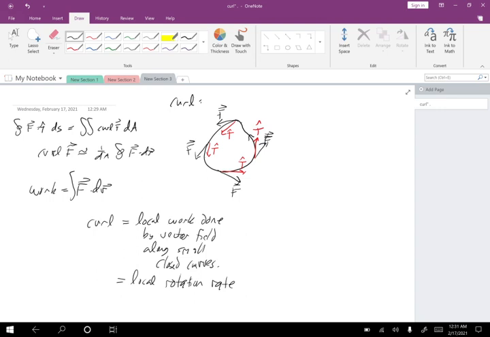Because if f is tangent, then we have this situation again, where there are no particles escaping, and so really what's going on is the particles are rotating within the surface, and there's no inflow or outflow. So we can say how much it rotates about the z-axis. Remember, there's always a z-axis in 2D.